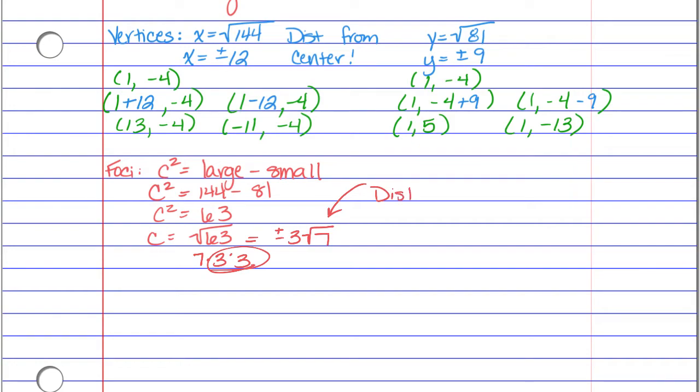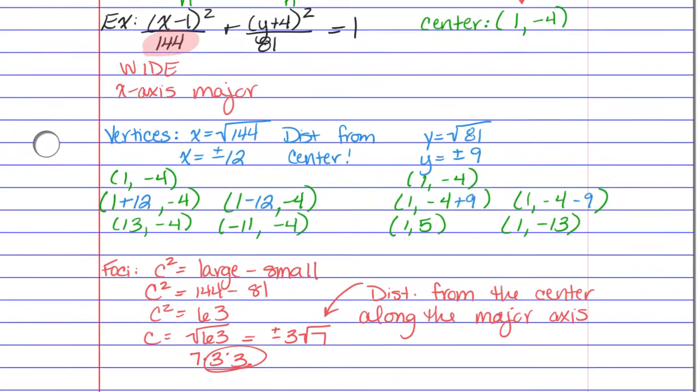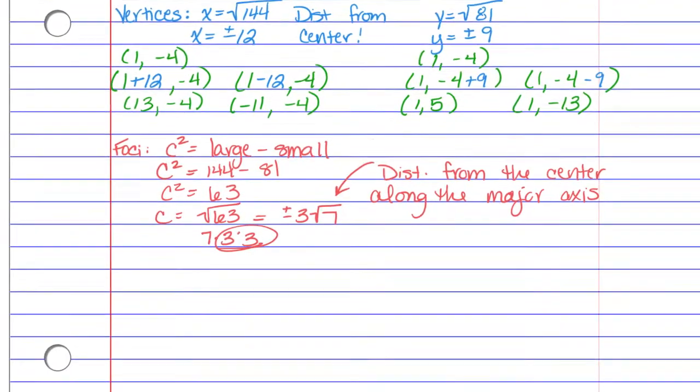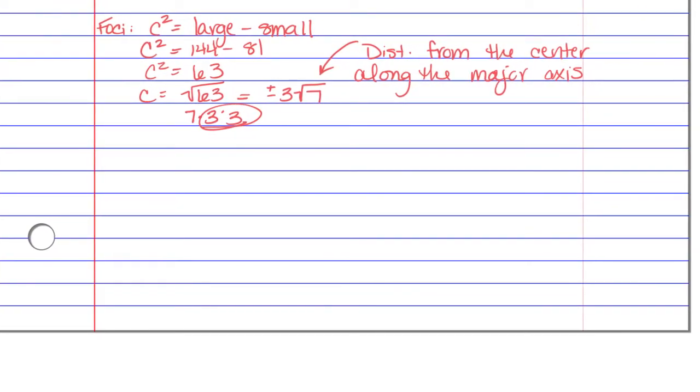Again, this is going to be measured as distance from the center along the major axis, which is all the way back at step 1, the very first thing that we did. So we did recognize that our x-axis is going to be our major axis. So I'm going to start at my center, and my center is located at 1, -4.